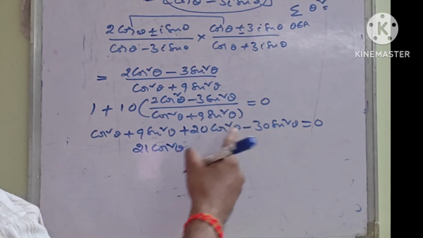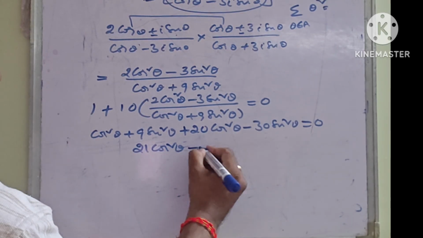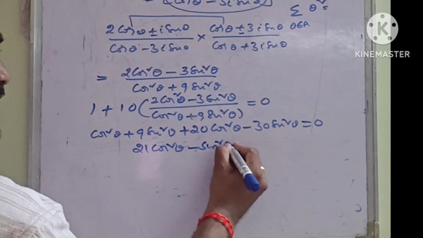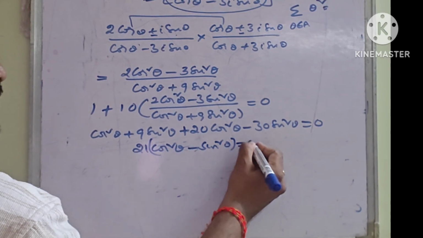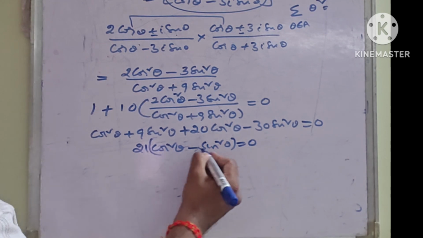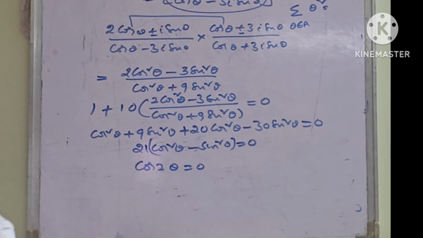Minus 30 sin square theta plus 9 sin square theta is minus 21 sin square theta. Now 21 is common, that is 21 into (cos square theta minus sin square theta). We know that cos square theta minus sin square theta is cos 2 theta, which is equal to 0.